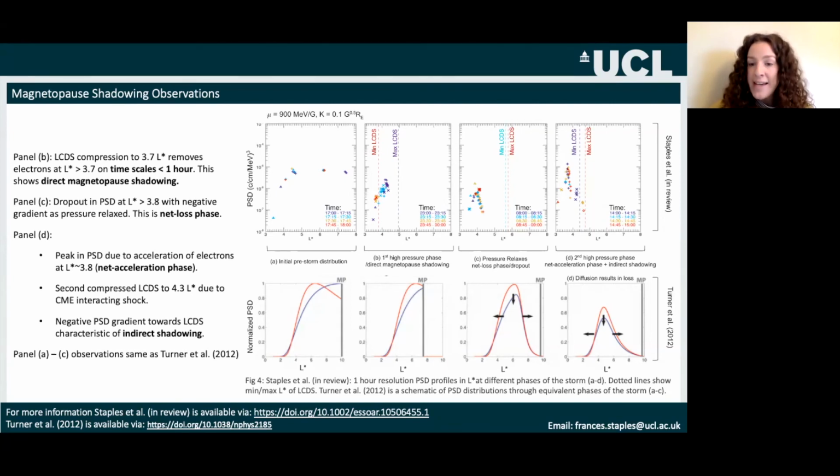There is a negative phase-space density gradient at L star above 3.8, which means if there is high ULF wave activity, there will be indirect magnetopause shadowing occurring as electrons are diffused down the negative gradient and towards the last closed drift shell.